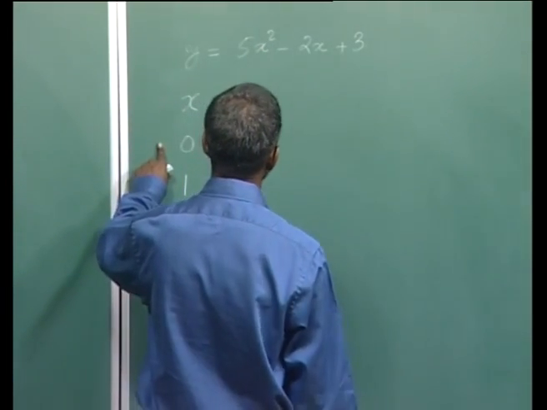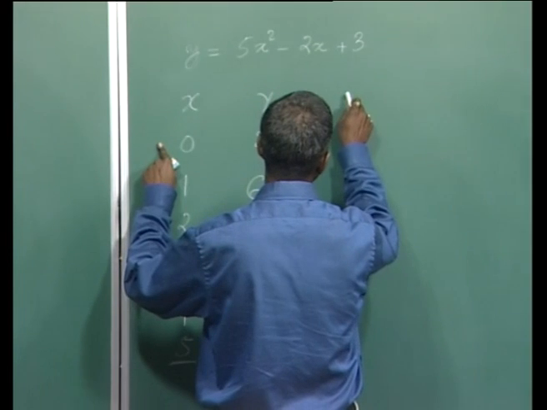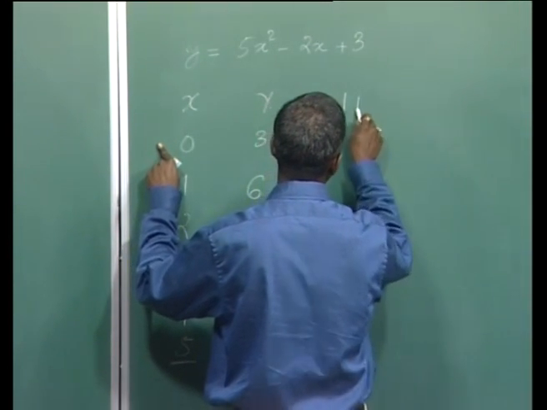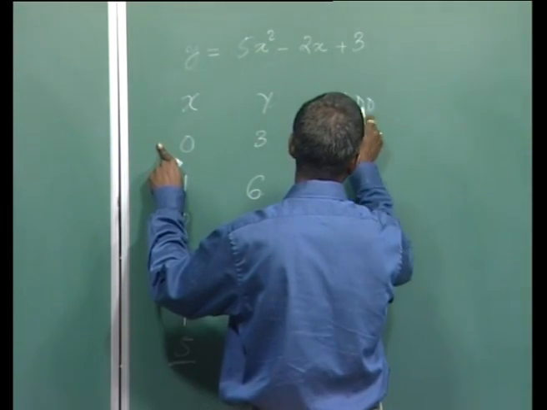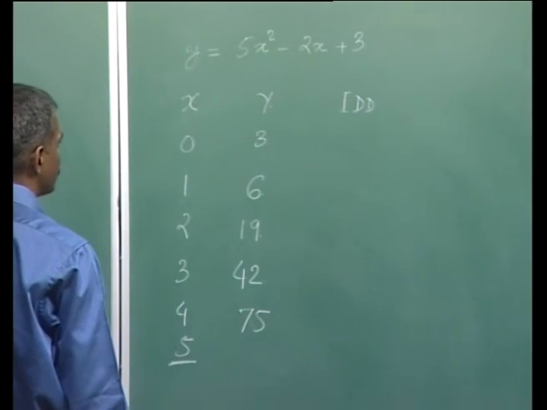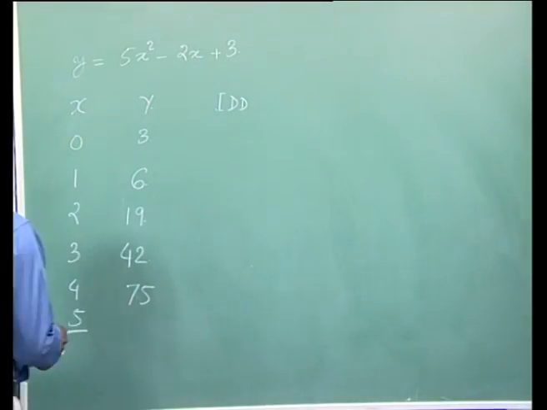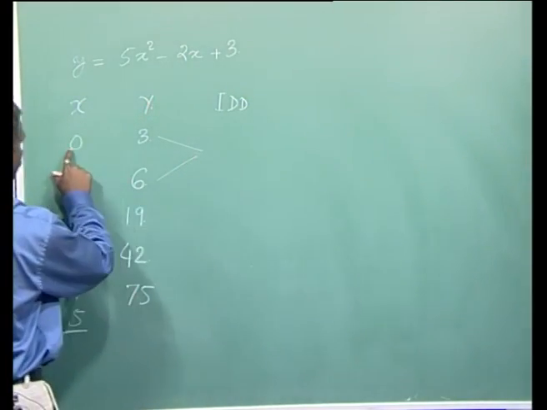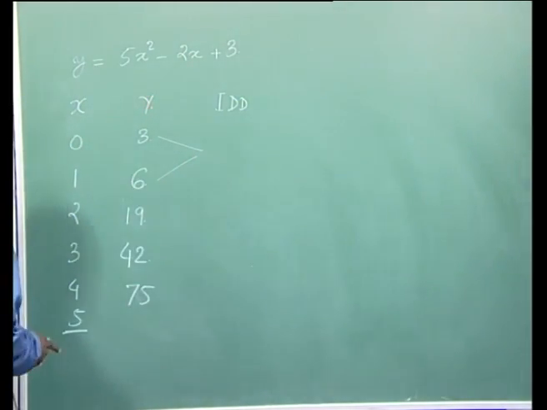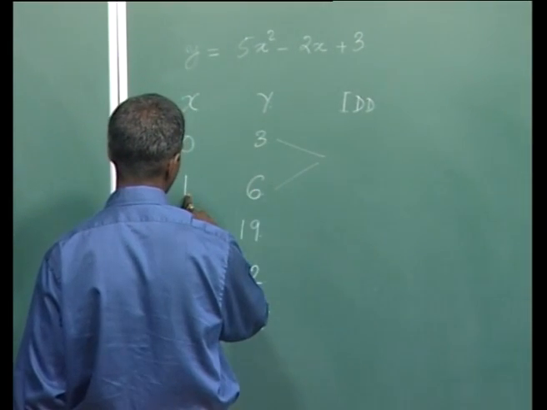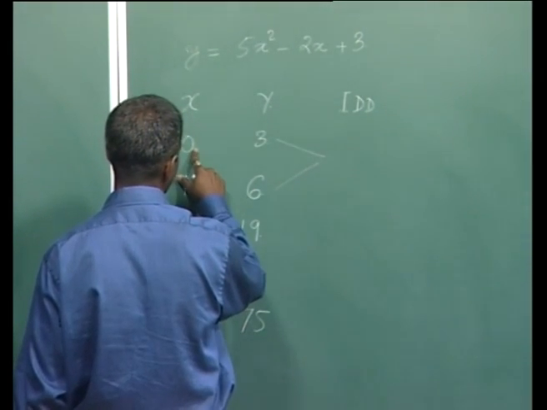Okay. Now let me arrange the column for the first divided difference. I call it 1DD. How would I start computing those divided differences? I'll use the information corresponding to the first and the second row, and this will be 6 minus 3 over 1 minus 0, which is 1.